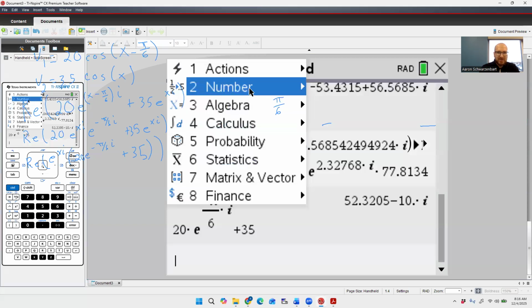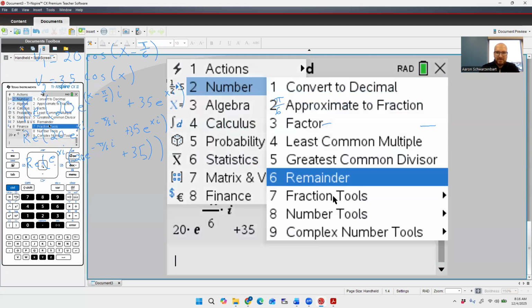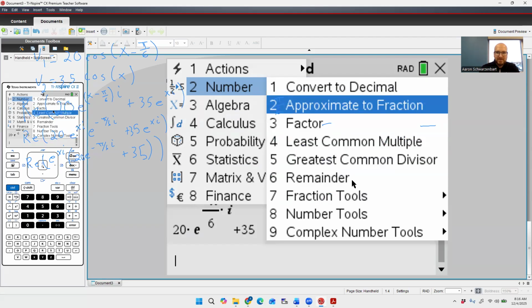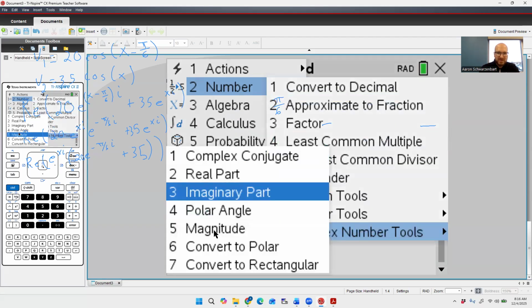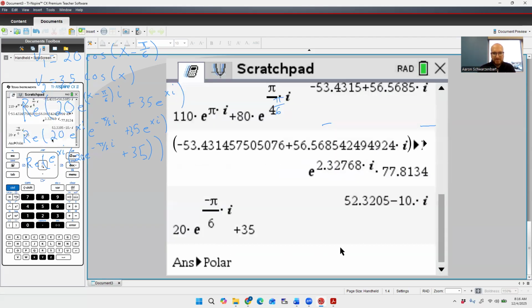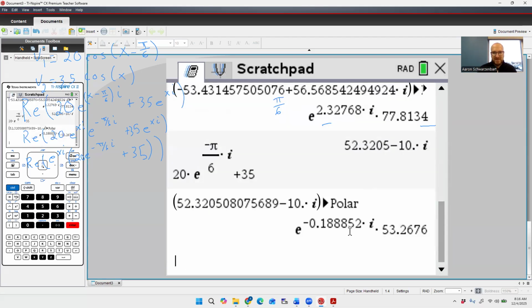And I'll convert it back to polar, using complex number tuples. It's a little hard to see in this format, but I'll put it back in a second once I get it copied down.